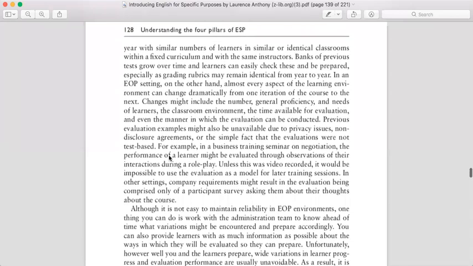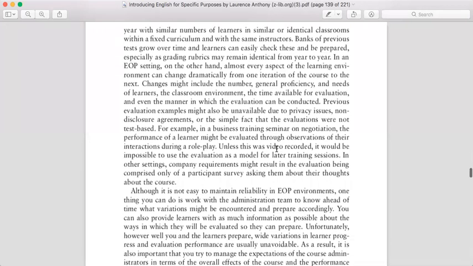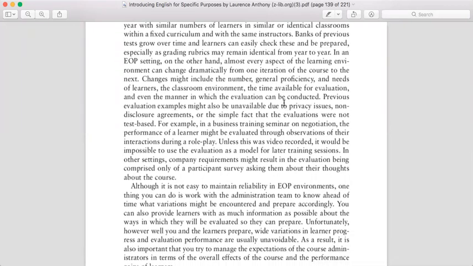Okay, so what kind of changes there might be in EOP setting from one set of students and one set of papers? They might include the number of the students would be different. Then the general proficiencies, needs of the learners, classroom environment, the time available for evaluation, and even the manner in which the evaluation is conducted.